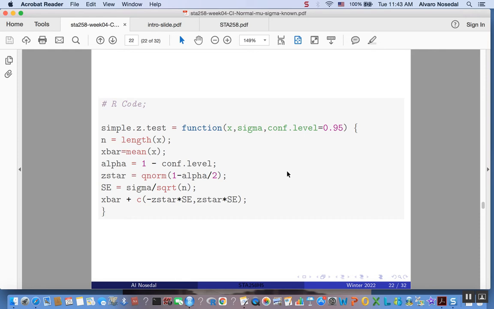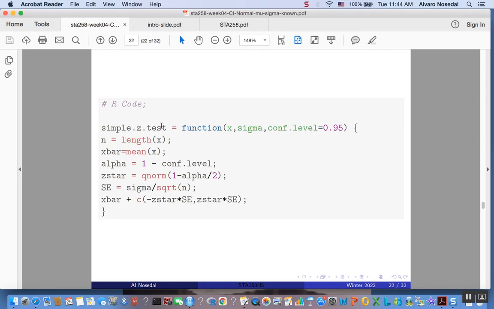So it turns out that due to that, R doesn't have a built-in function to find this sort of confidence intervals, but it's a great opportunity to learn how to create your own functions. So what we're going to do here is create our own function that computes confidence intervals under those conditions that we have been discussing. We are sampling from a normal, and the variance is known, okay?